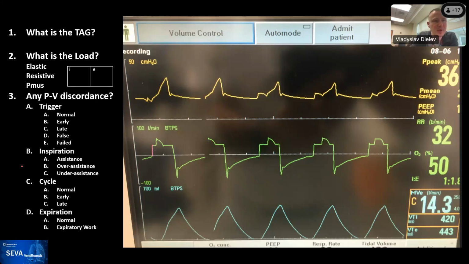We'll give it 30 seconds. And by the way, just for those of you that are using the vent mode map, this would be a Servo-i ventilator from Getinge.